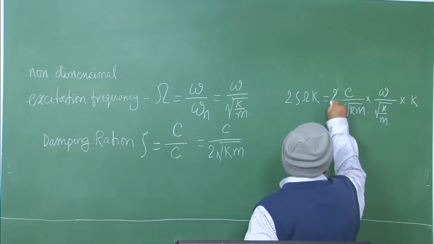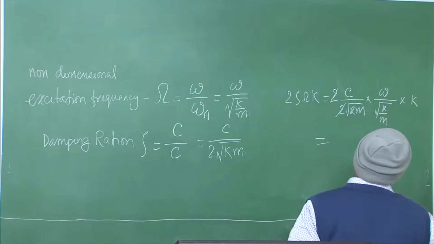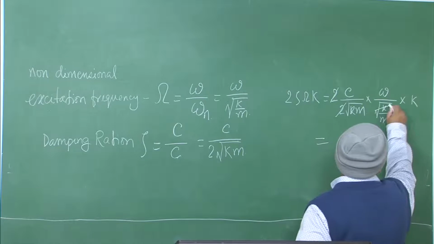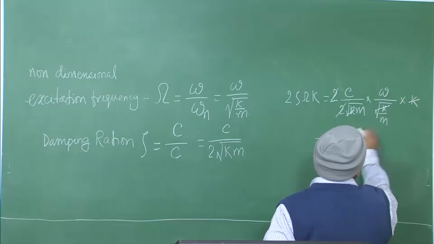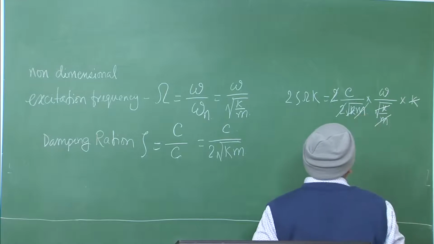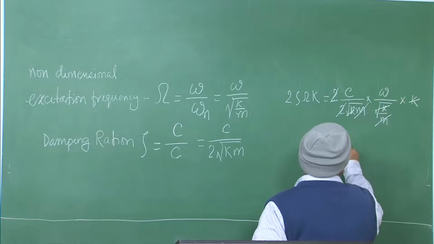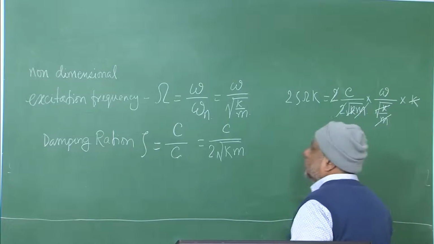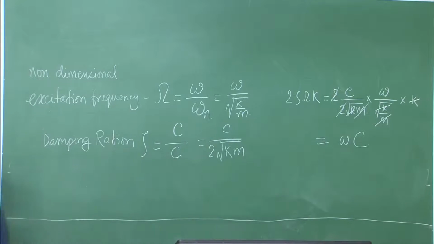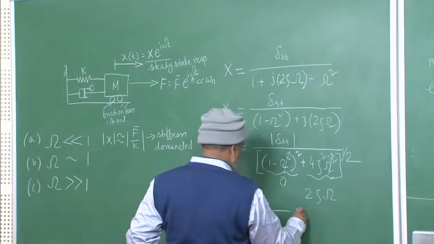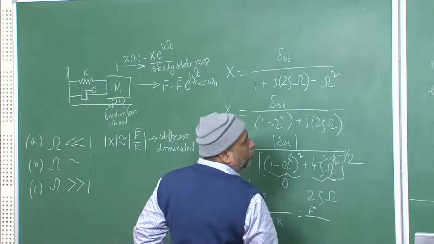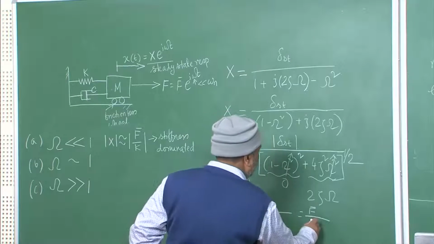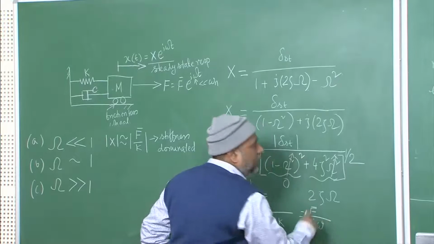So, this 2 and 2 will cancel, the square root of k will cancel with k, and the square root of m will cancel, and we are going to get only omega c. So, this expression is actually nothing but f bar over omega c.